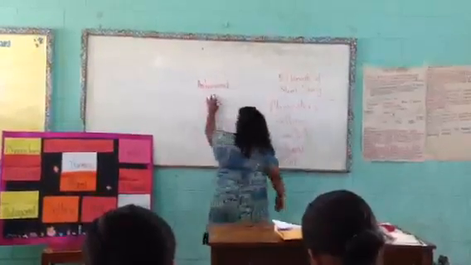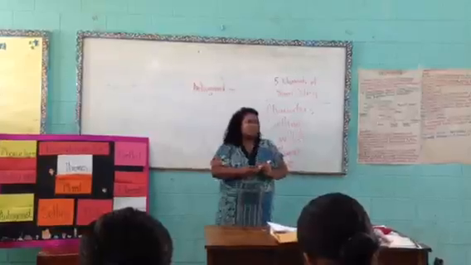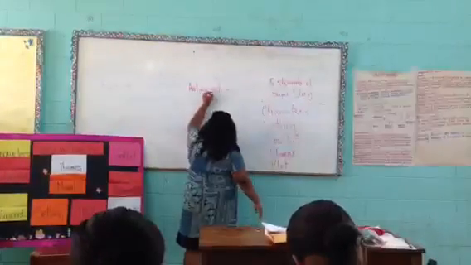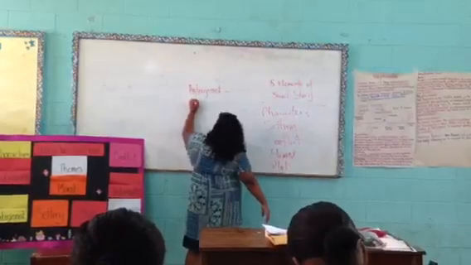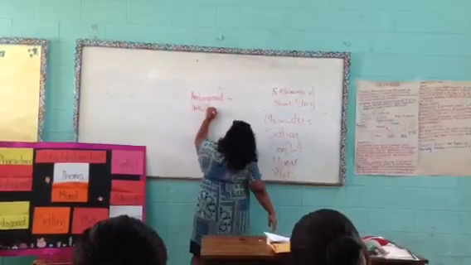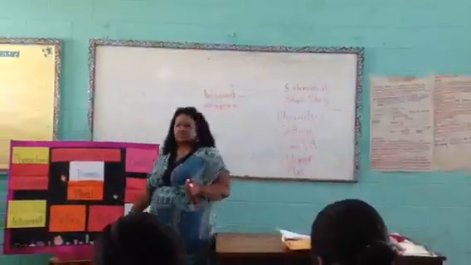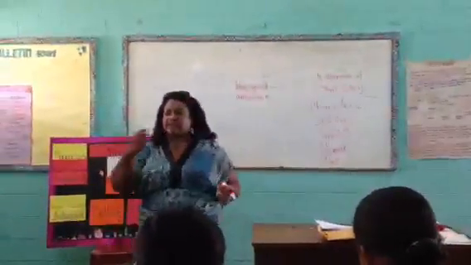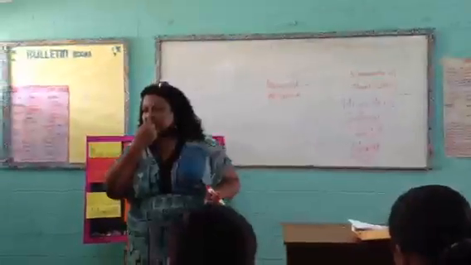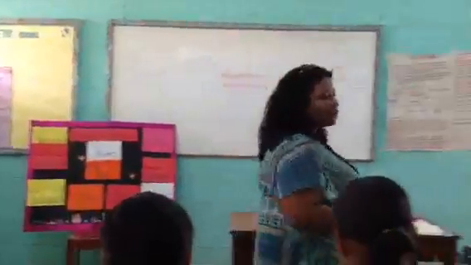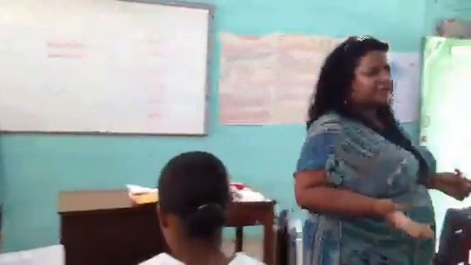What does this word sound like? Anti. Have you ever heard the word antagonize? Yes. What does it mean? Yes, Irina. To irritate somebody. To irritate, to provoke, to get on somebody's nerves, right?